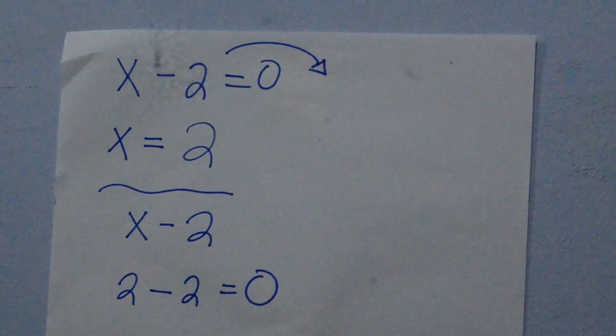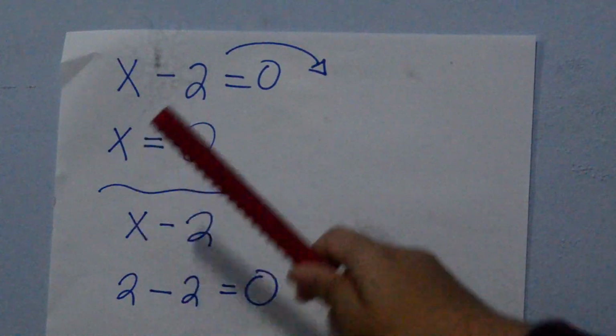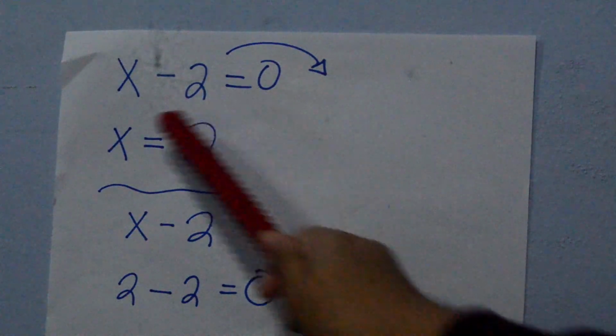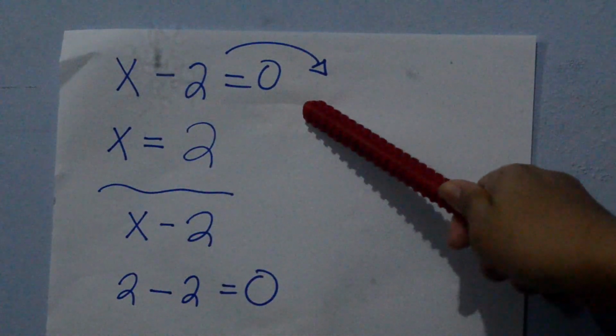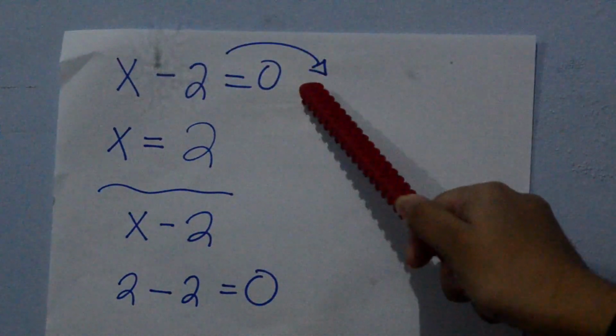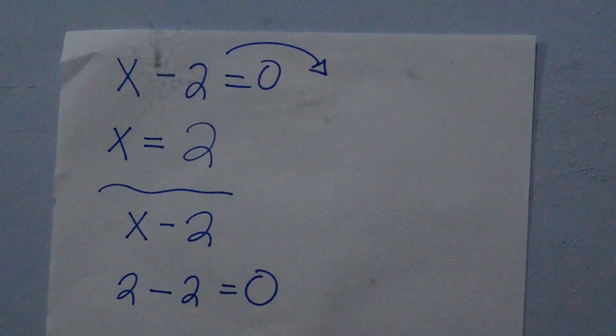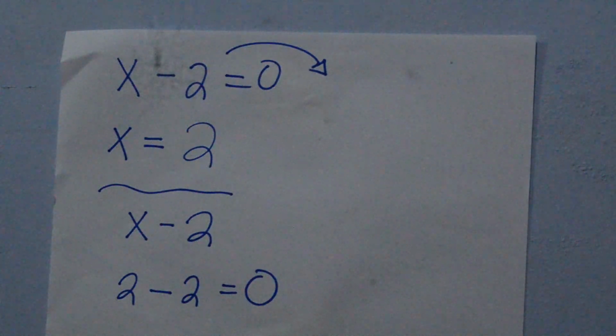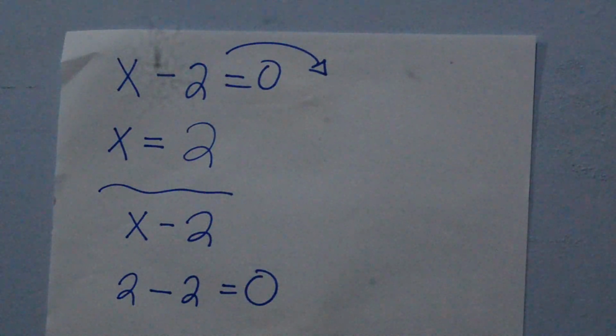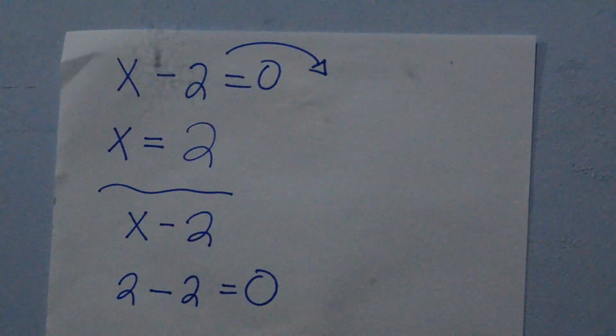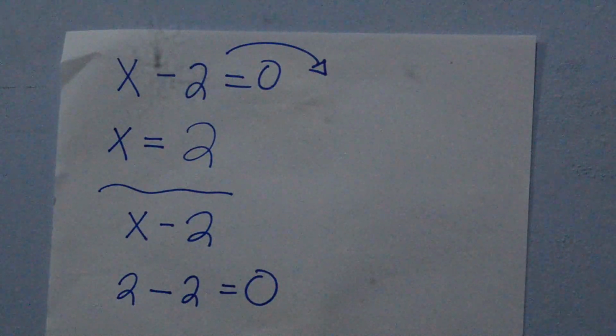To find our domain, using the denominator, which is x minus 2, we're going to equate it to 0. So x minus 2 equals 0. Then we transpose negative 2 to the other side, beside 0, and it's x equals 2. Obviously, the value of x is 2.